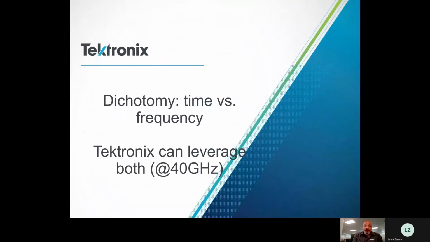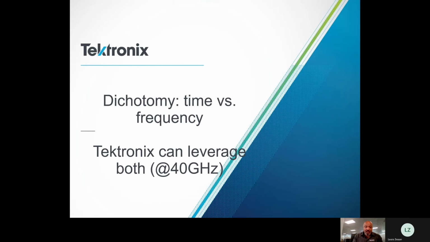So when we talk about time and frequency, it's really a linkage or a dichotomy between the both of them. And Tektronix instruments perform this to a T. What we have in both the DPO as well as in our time domain or time qualified triggers in the RSA products is allowing for measurement and marking of instances in time and seeing exactly how those translate to their unique frequency components.